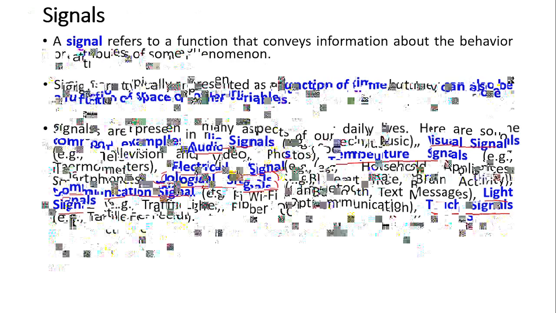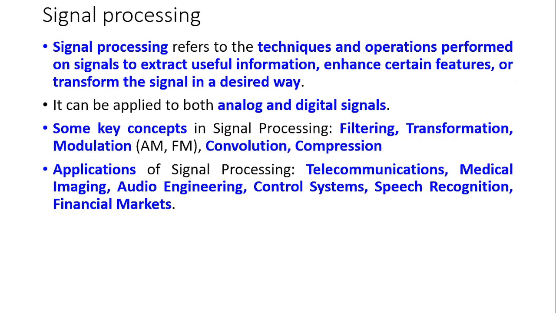Now coming to the processing. The course title is biomedical signal processing. Now what is signal processing? Signal processing is nothing but when we apply a set of processing techniques, which are basically mathematical operations, on a particular type of signal so that we can extract useful information from there, we can enhance its features, or we can transform the signal in a desired way.